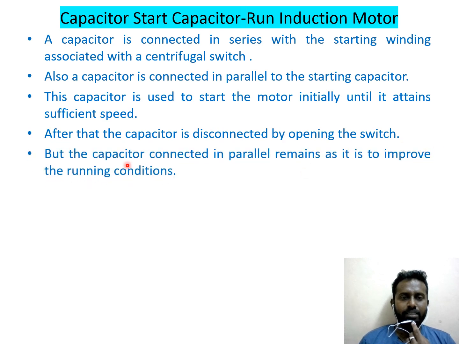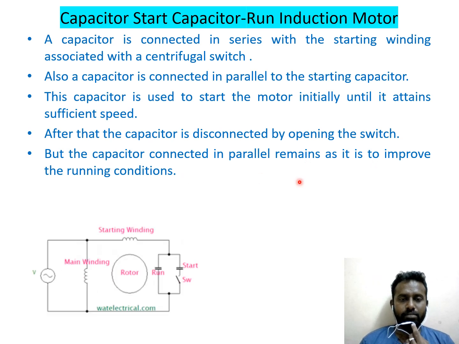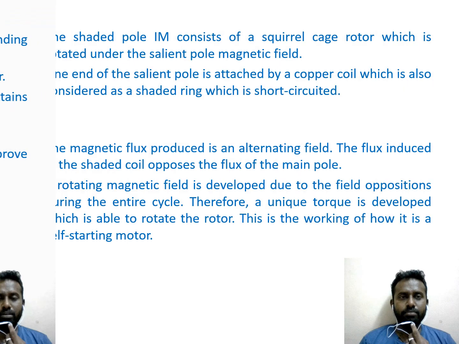But the capacitor connected in parallel remains as it is to improve the running conditions. So you can see both. If you open the switch, this capacitor will get disconnected, and this is the start capacitor, and this is the run capacitor. In order to improve the running conditions, this capacitor is connected, and this is a capacitor start and capacitor run induction motor.